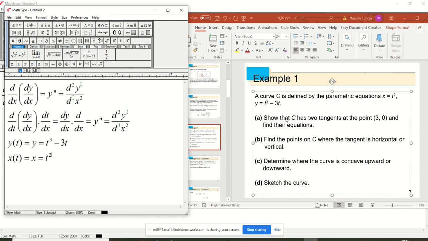Good. So question A, what does it say? It says show that C has two tangents at the point (3, 0), and find their equations. What are this 3 and this 0? This is x and this is y. So it wants us to find the tangents.